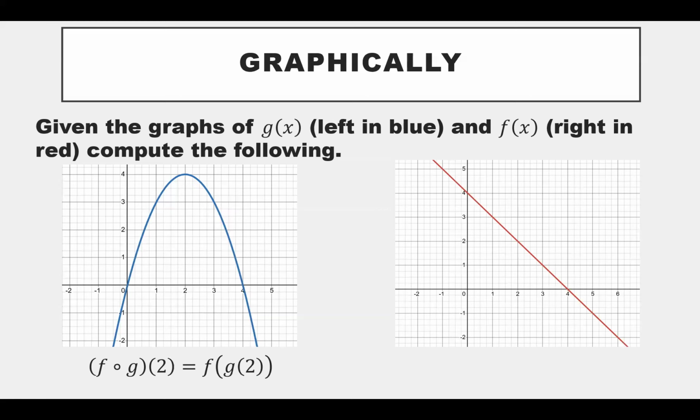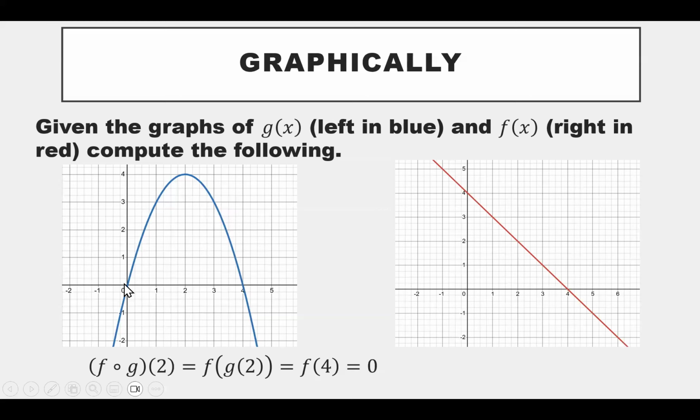So the output of g of 2 is going to be 4. Then I plug in that 4 into my function f, and my function f being on the right goes through the point (4, 0). Therefore, the output f of 4 would give me 0.